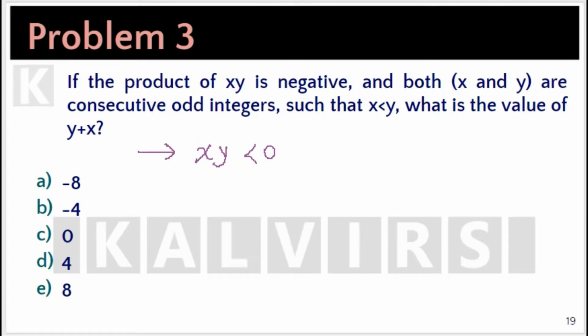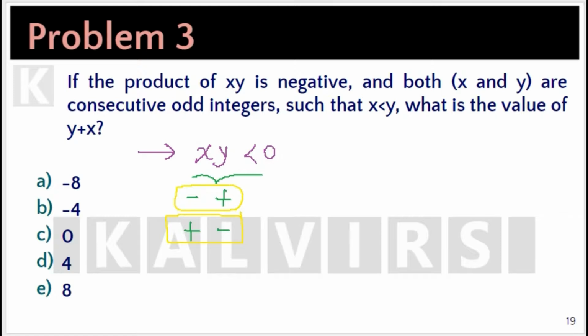According to this fact, which of the following is true? Since the product is less than 0, then one of them must be negative and one of them must be positive. However, we don't know if it's this case or this case.